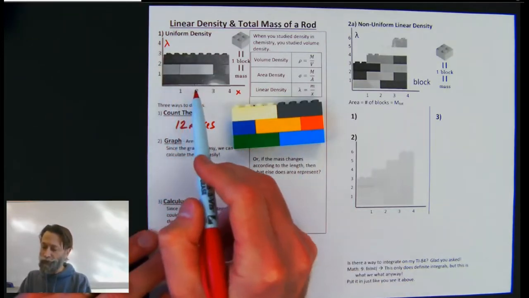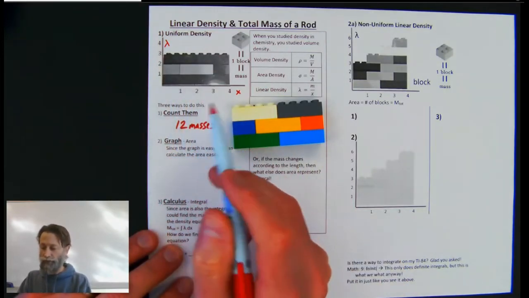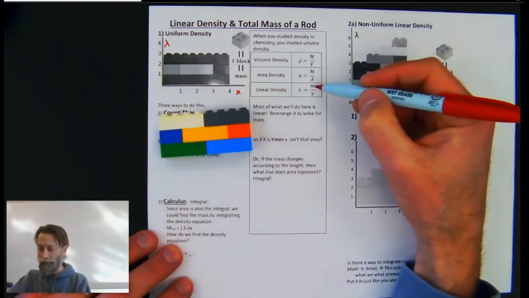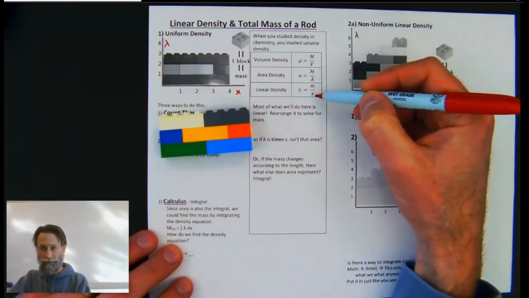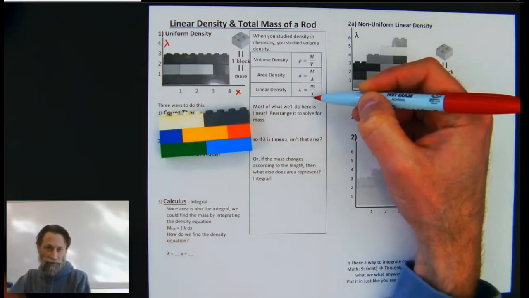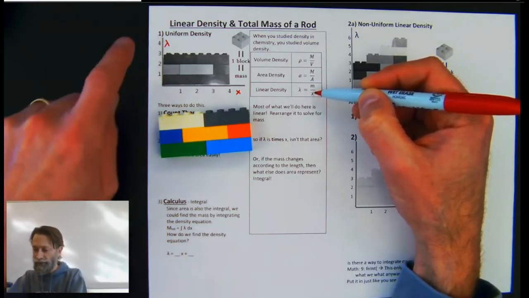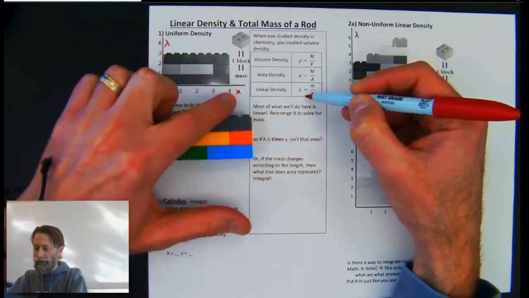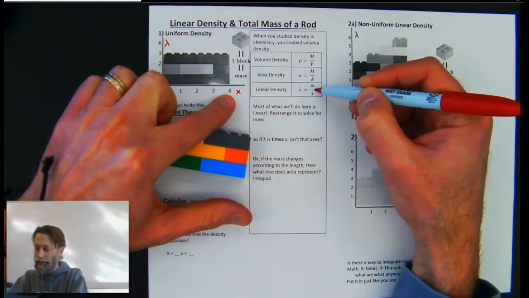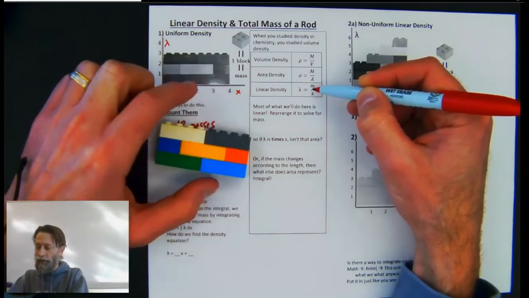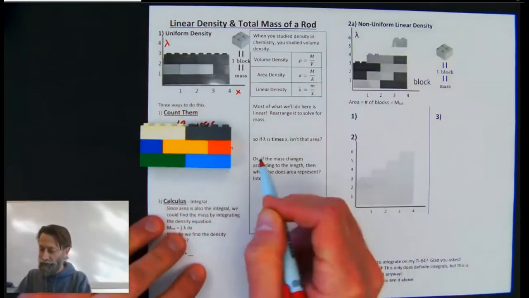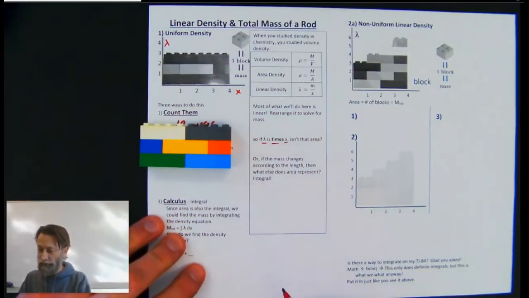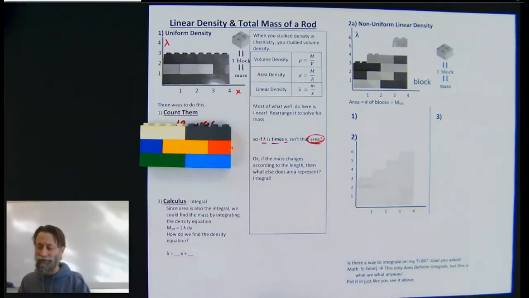So if I think through and I want to find what that is, remember that density is nothing more than mass over the distance or the length or some unit of a distance, right? So if I take that density and I multiply it by the length, isn't that going to give me the mass? And whenever we do that, if I take lambda times x on a graph, isn't that nothing more than the area? It's the area of that graph.